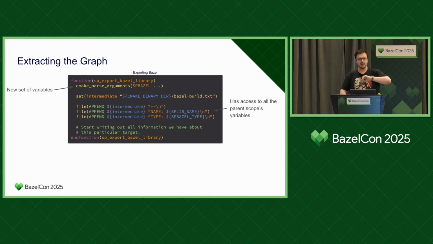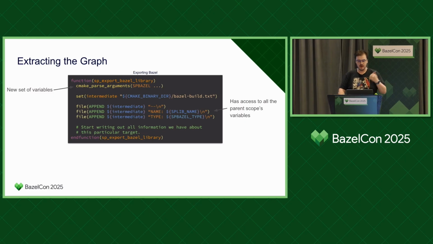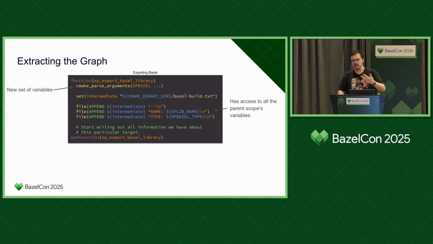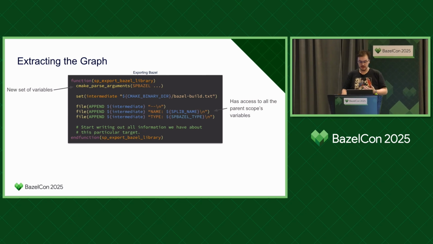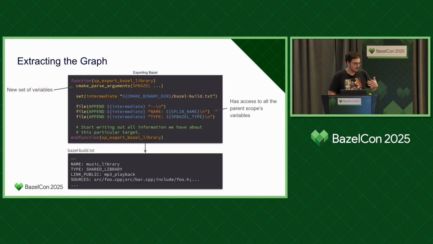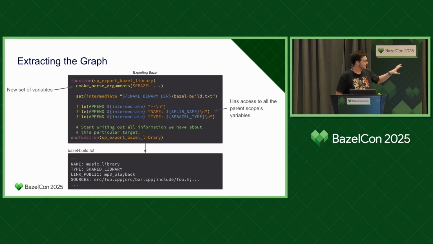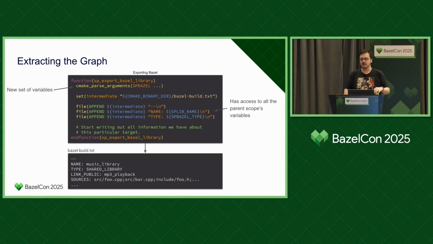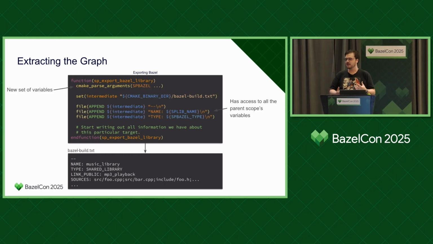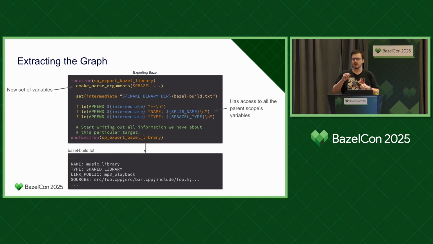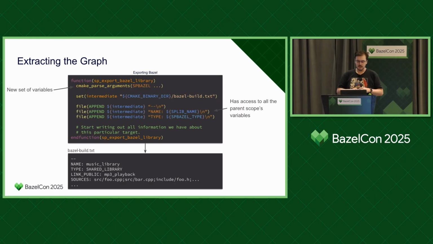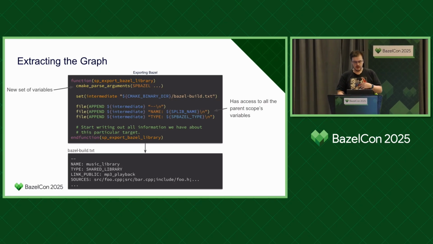Just start writing out all of this context: where we are in CMake, its name, its sources, its dependencies, anything extra that we really want to know about, right? And from that, we get this nice, very simple key value pair system. We could have gone with a more structured JSON or YAML, but we found plain text to be pretty nice, pretty quick to iterate on as well.